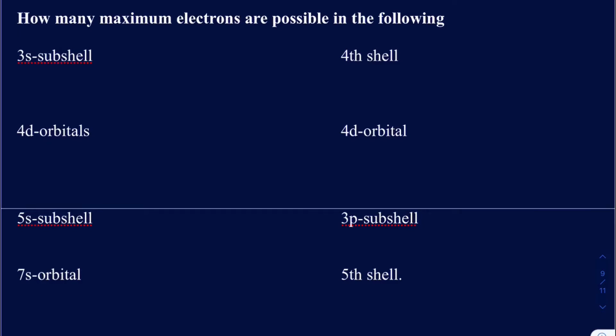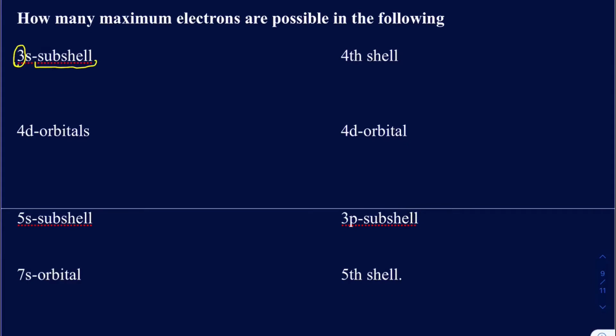All right, so when they say subshell, then you're only focusing on what type of subshell you're in, and how many maximum electrons you can put in there after figuring out how many orbitals you could have in that particular subshell. The number in front of the subshell kind of becomes irrelevant. So this 3 becomes irrelevant in that case.